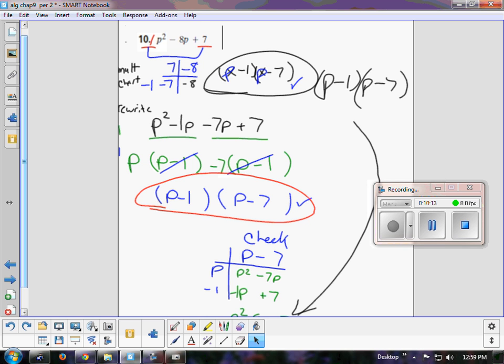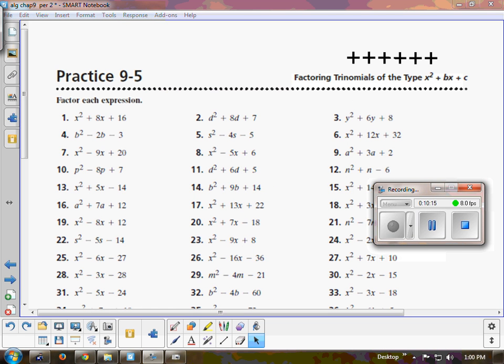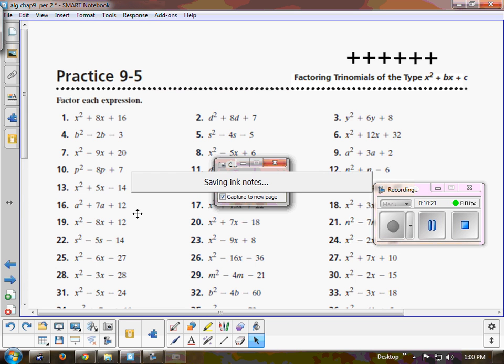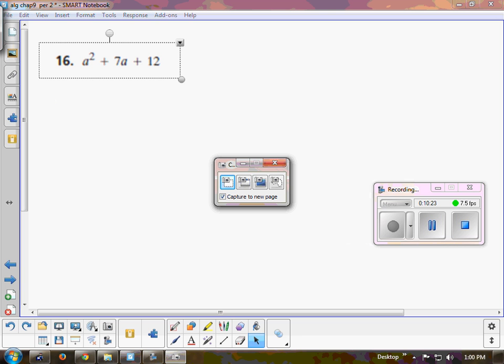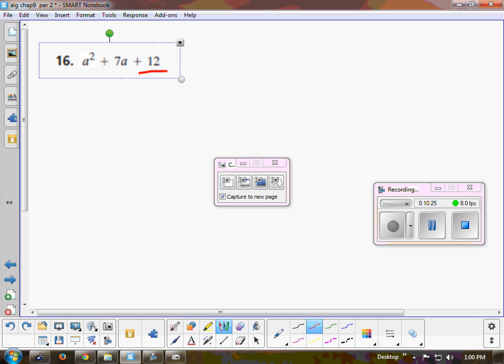Any questions? So the short method is, look at the last number and make a chart. You can use the short method when there's a 1 out front. And then put the middle number in the chart next to it.